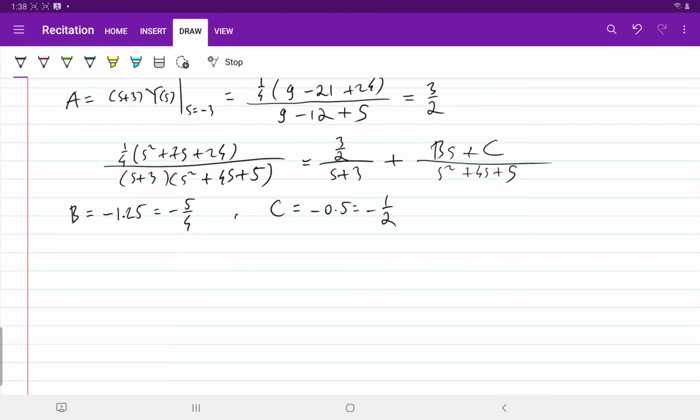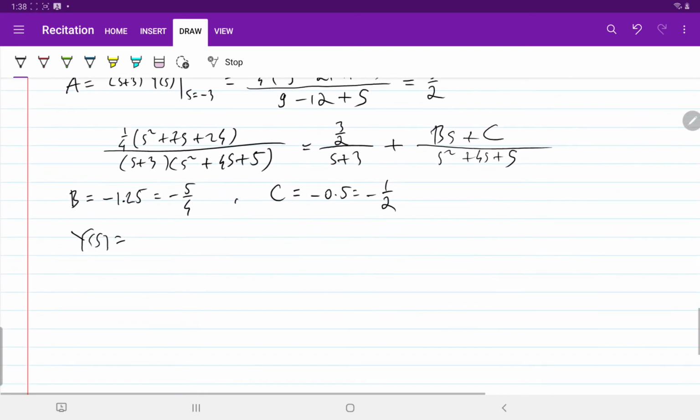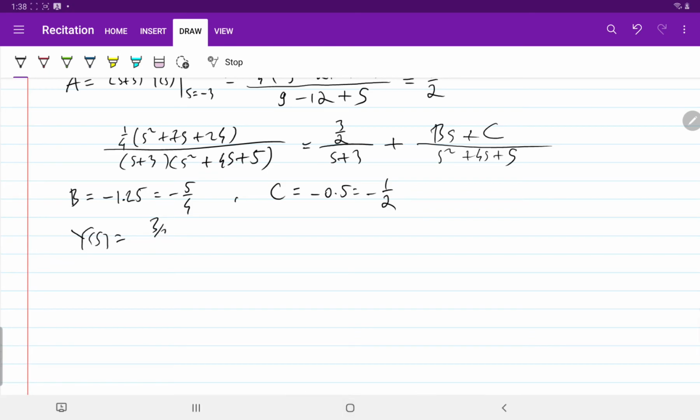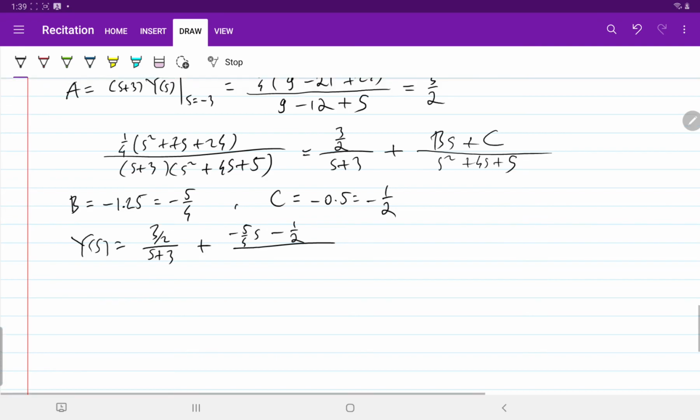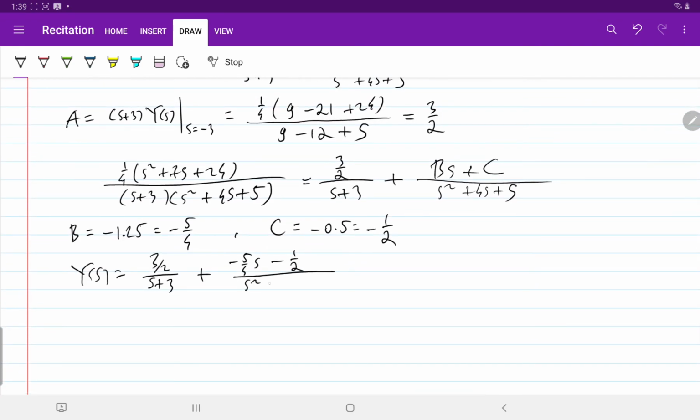Okay, and let's continue. Y of s is 3 over 2 times s plus 3, and then plus minus 5 over 4 s minus 1 half, over s squared plus 4s plus 5.